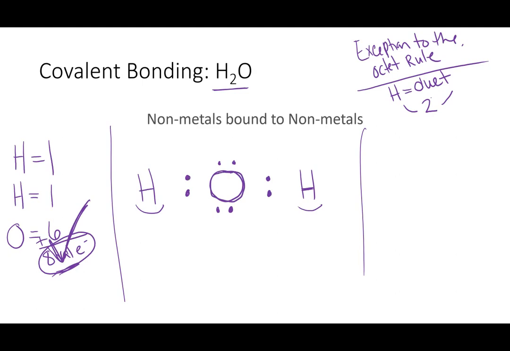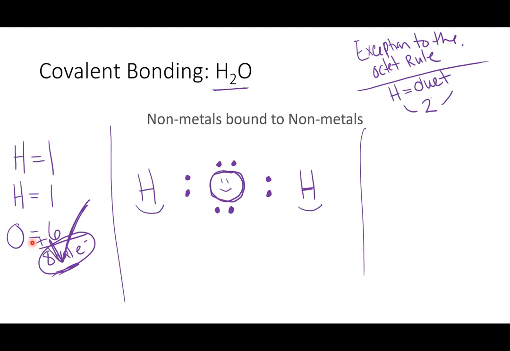He's touching 1, 2, 3, 4, 5, 6, 7, 8. So he's got an octet and he is happy. Yes, I draw smiley faces on my atoms. Go ahead and get used to it. So here we have distributed all of our electrons. We went back to double check that everybody was happy. Everybody is happy. Their valence shell is full. They have stable configurations. So this is the Lewis structure for water.